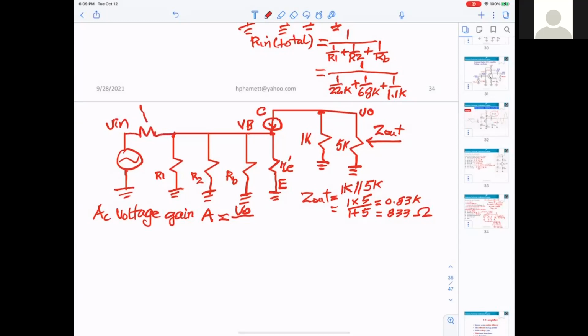That's what we call source resistance, internal resistance. You see that? So you cannot say the gain of the transistor here, V out divided by V in, is not right.